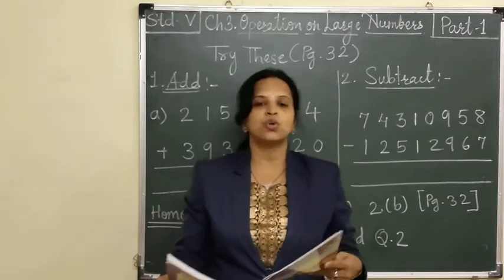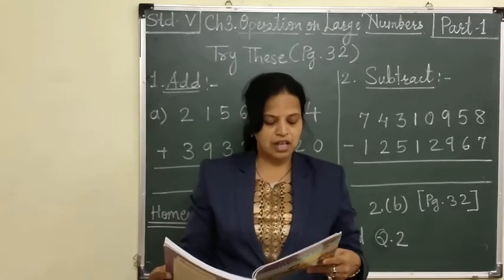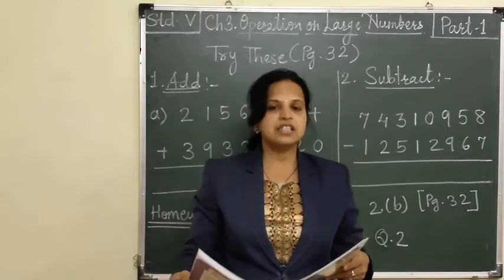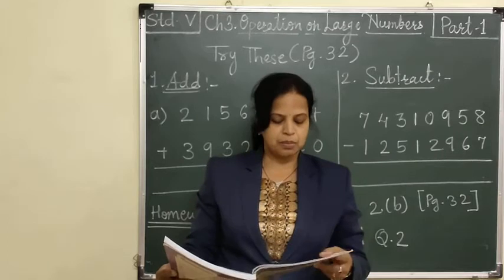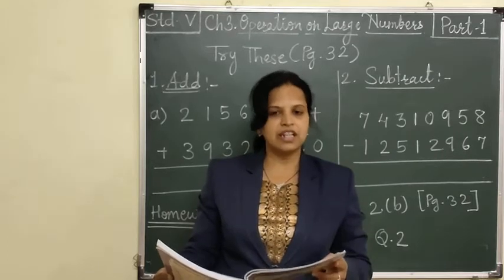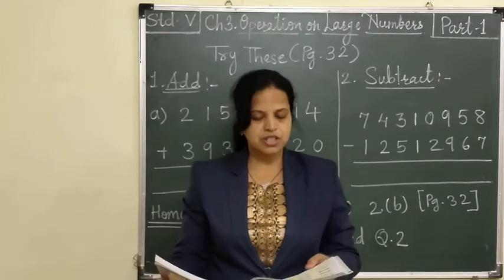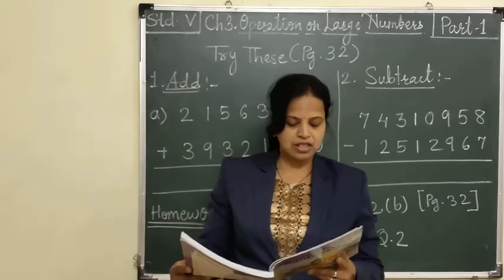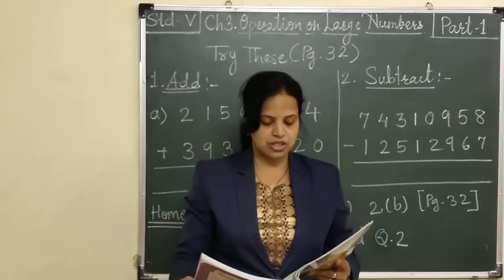Largest quotient means after doing the division, whatever answer we get is the quotient, and if something is left, that is called the remainder. But quotient means the answer after dividing the number. We have to find that largest quotient. You check all the answers properly after doing the rough calculations.